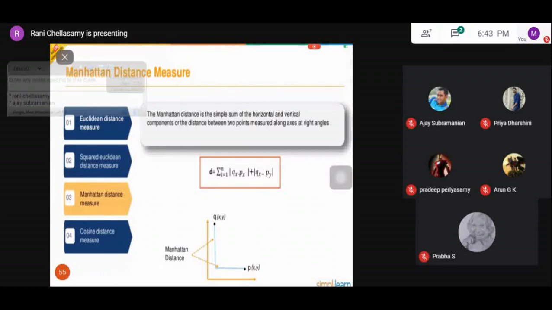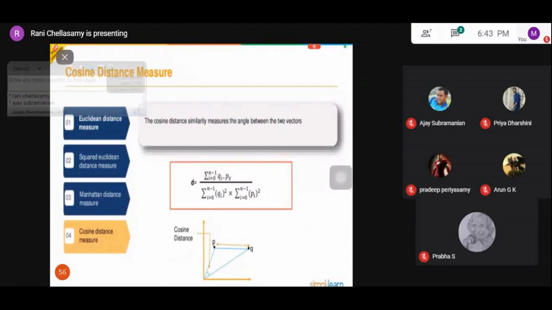This is the formula to calculate the Manhattan distance measure. The cosine measure gives the angle between the 2 vectors, and the formula is given. Based on this, you have to find the measure.